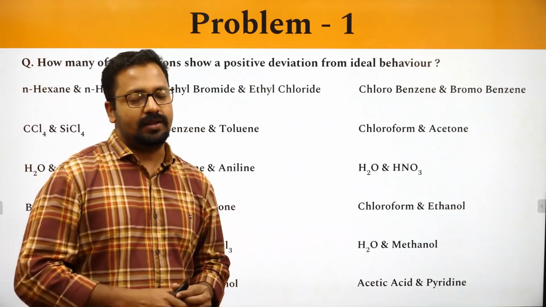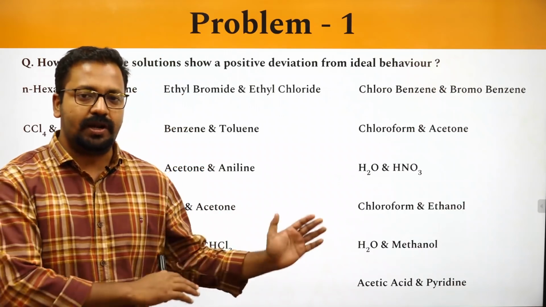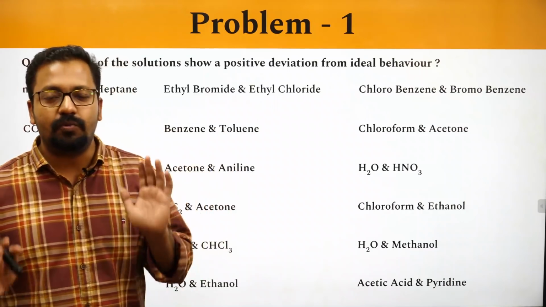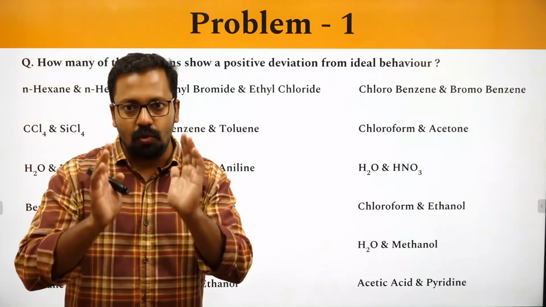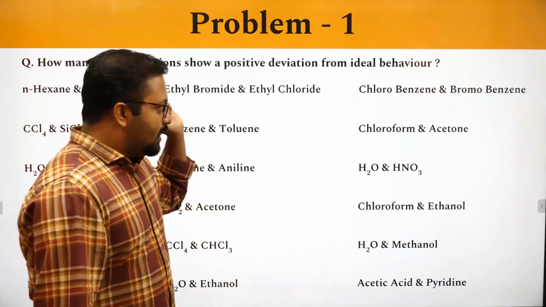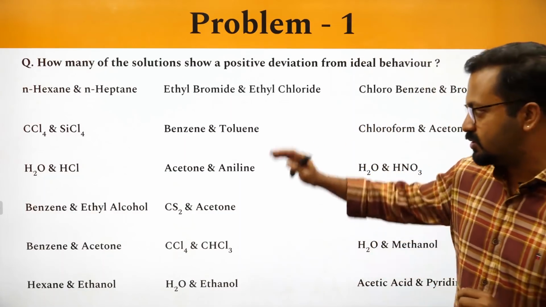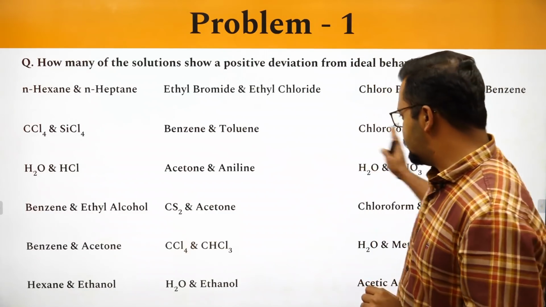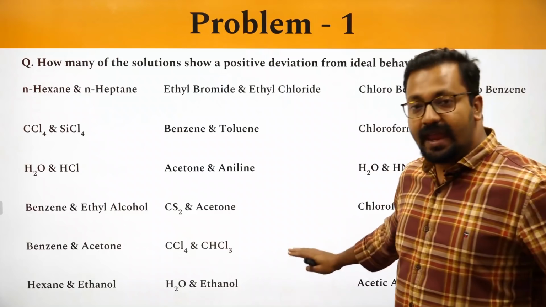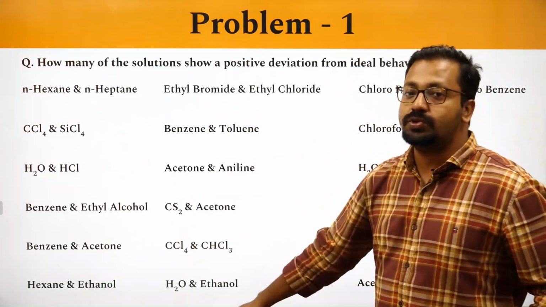I told you earlier that I'd be taking a mixed bag of questions: single option, integer, multi-option correct, just so that you are on your toes. This question is about ideal behavior. We have 6 times 3, that is 18 solutions to choose from.